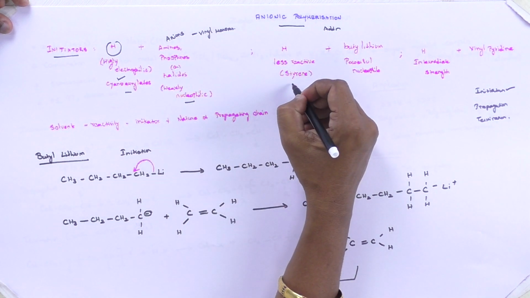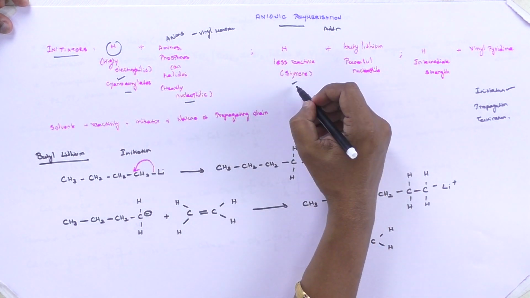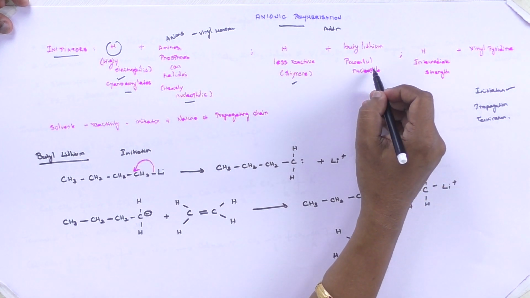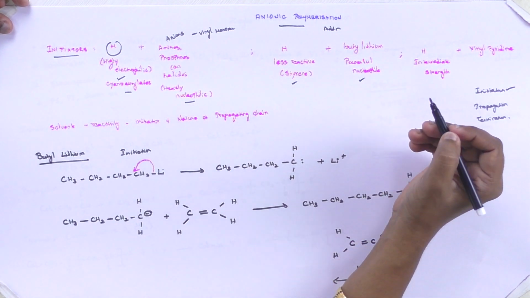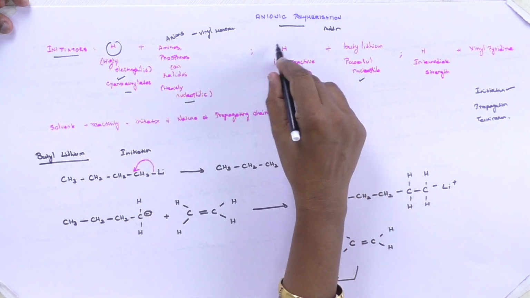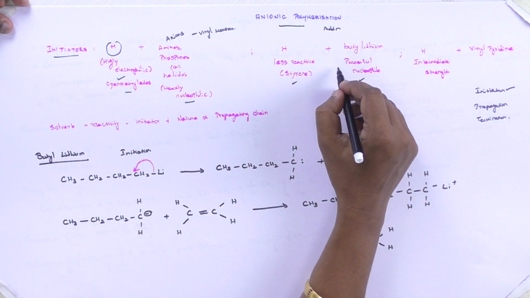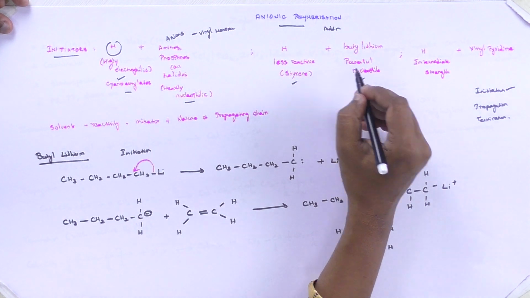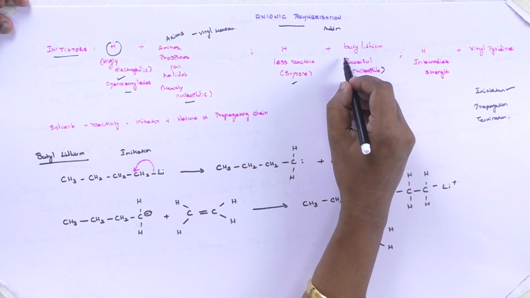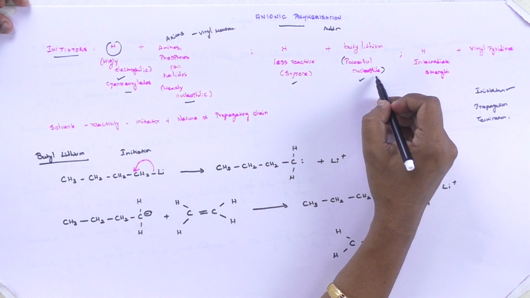Less reactive monomers such as styrene will require a powerful nucleophile such as butyl lithium. To initiate the anionic polymerization of styrene, you need a powerful nucleophile such as butyl lithium.